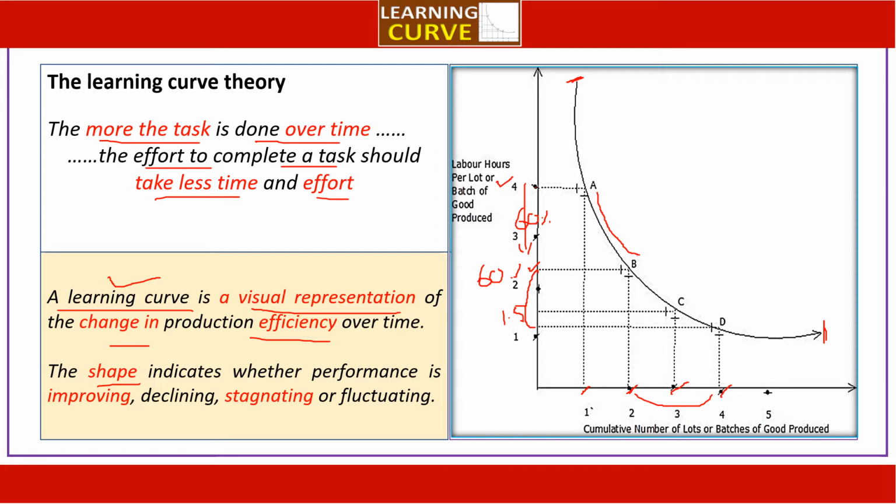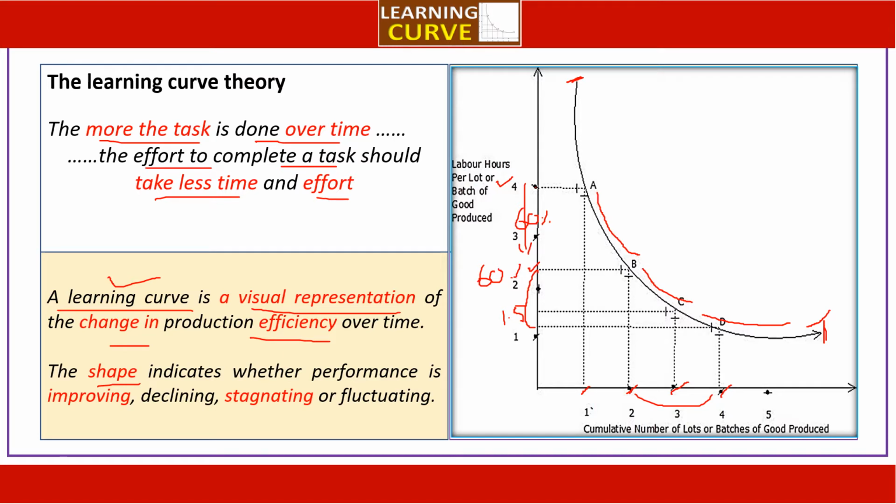It is improving. The cost is falling steeply. And as you move further, the slope gets less steep and it becomes almost horizontal, and a time may come when it may be negative.